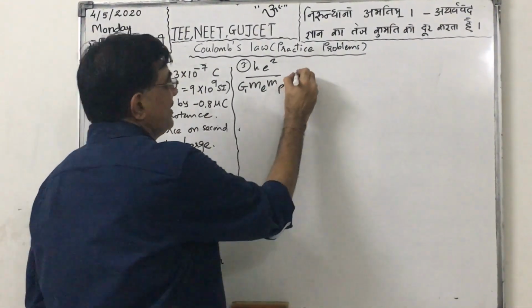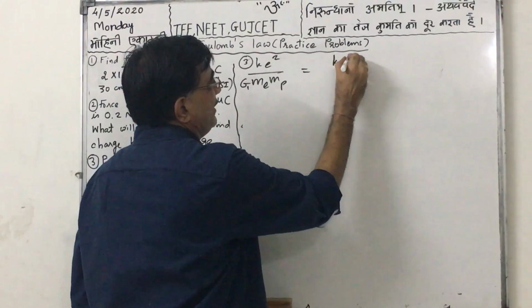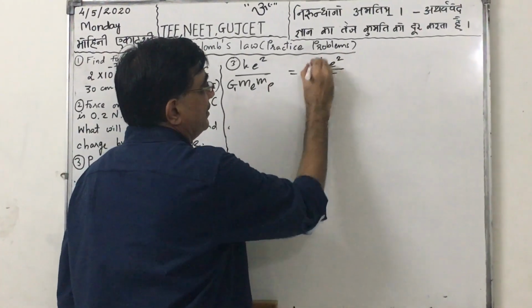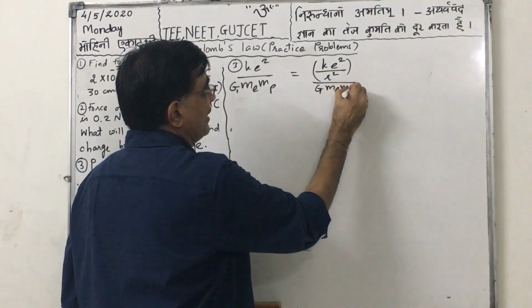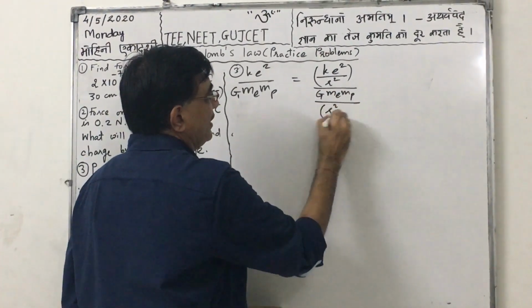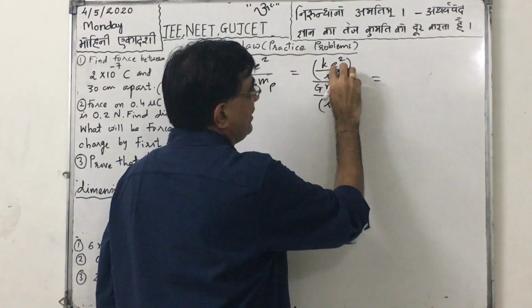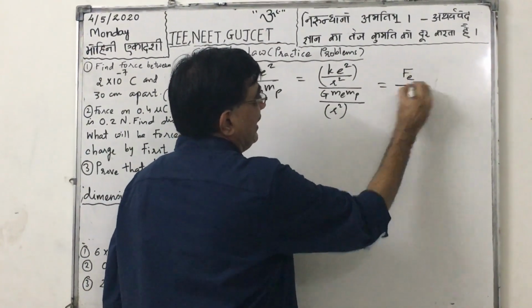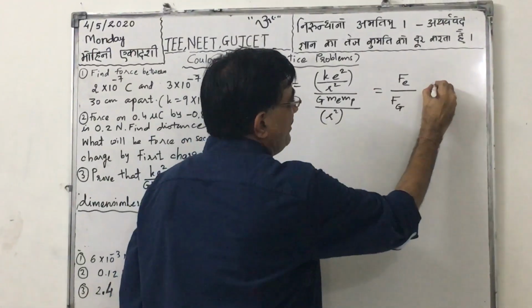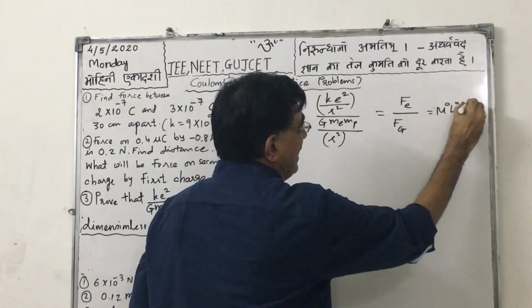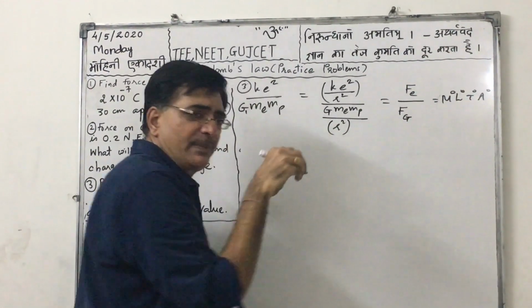The first is this: just divide by distance square. K E square by R square upon G M E M P upon R square. Now this is the electric force between electron and proton, and this is the gravitational force between electron and proton. So it will be dimensionless. Its ratio is dimensionless. This is one method.